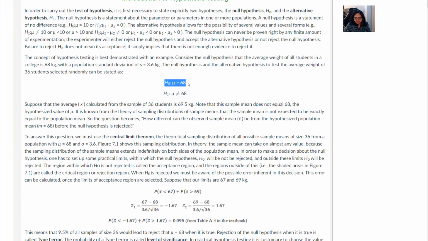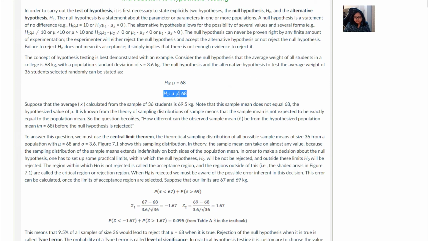We say that the average weight of 36 students, we randomly selected them, and we want to make an inference whether in the population the average weight is 68, and then maybe we are saying that it's not 68, but we don't know.